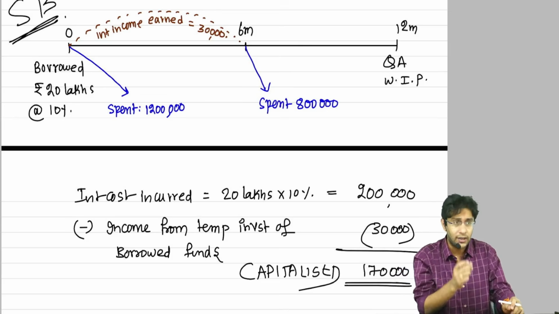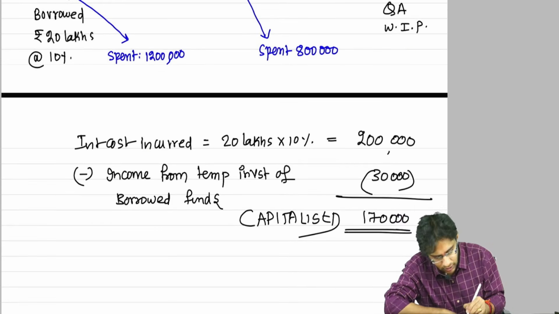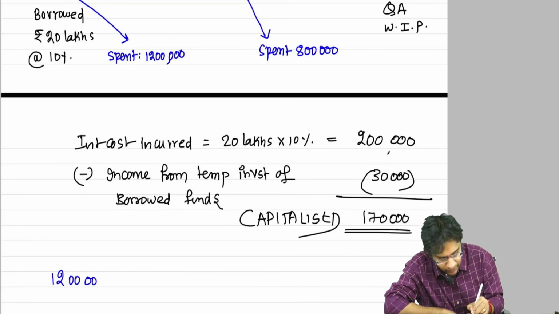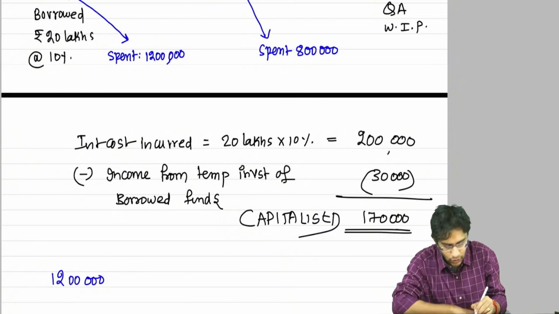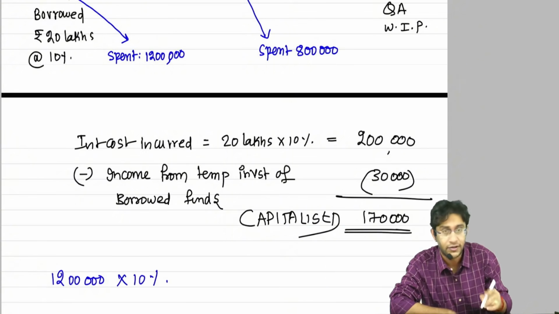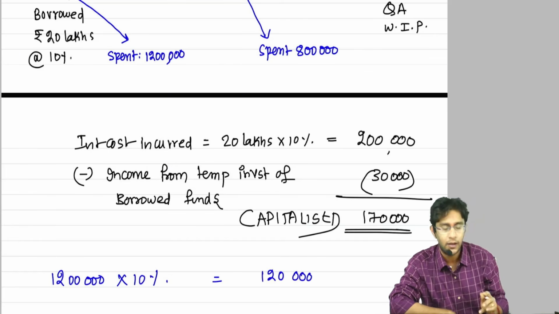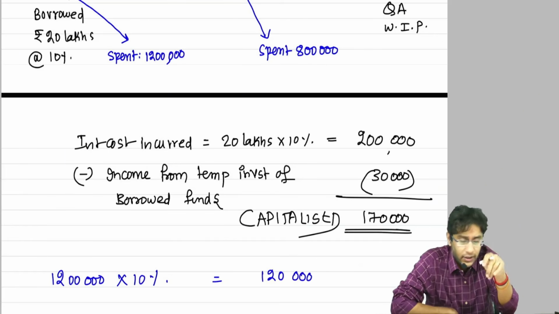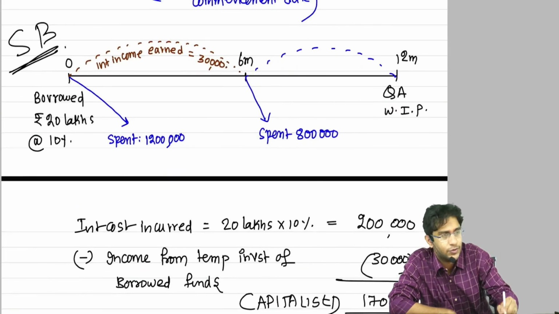Observe what kind of ideas people get. Sir, 12 lakh rupees borrowed fund is used in the project for the entire 12 months. So on 12 lakhs, 10% for the full year, capitalize 1,20,000. 8 lakhs borrowed fund is used in the project in the current year for only the last 6 months.